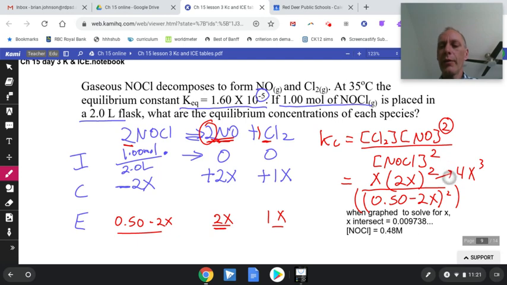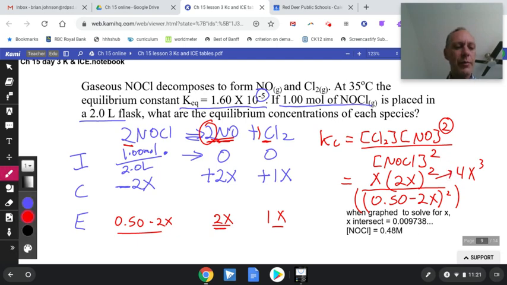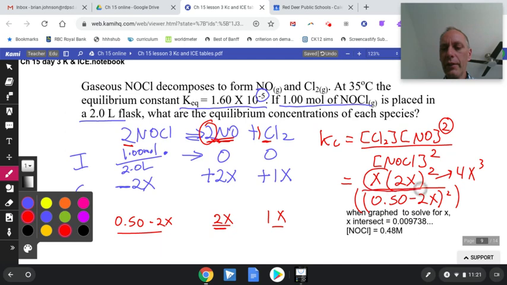So you can either put all of that into your calculator, or you can put 4x cubed. Just don't put 2x cubed. It's wrong.